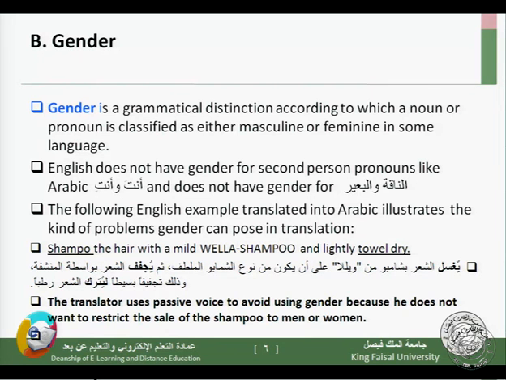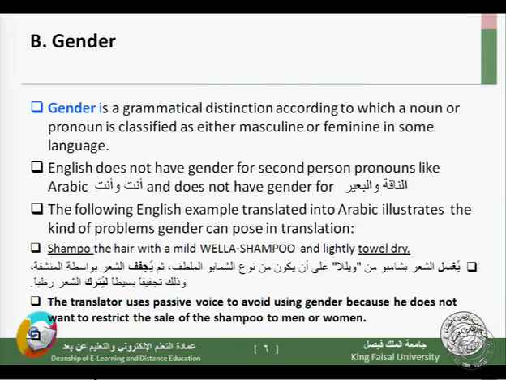Now to avoid this confusion and to be able to sell the shampoo to everyone, the company which asked him to translate said, look, make it passive.